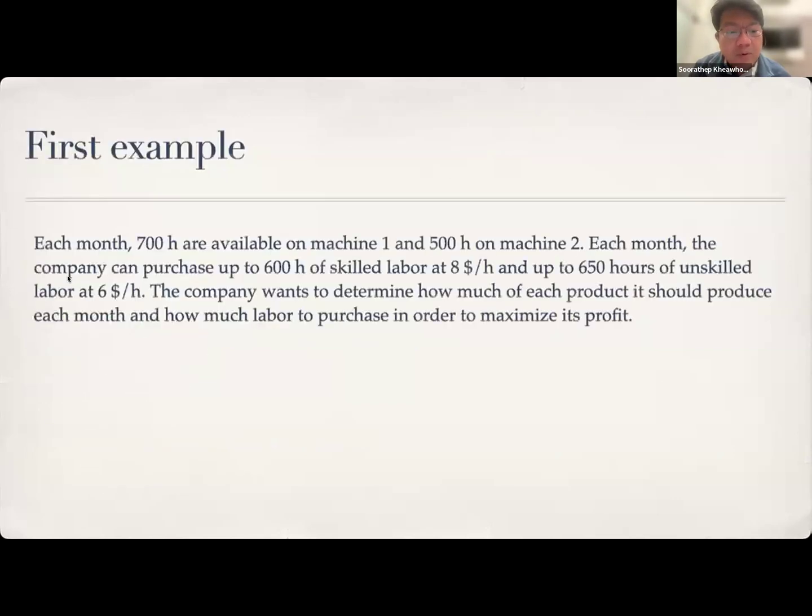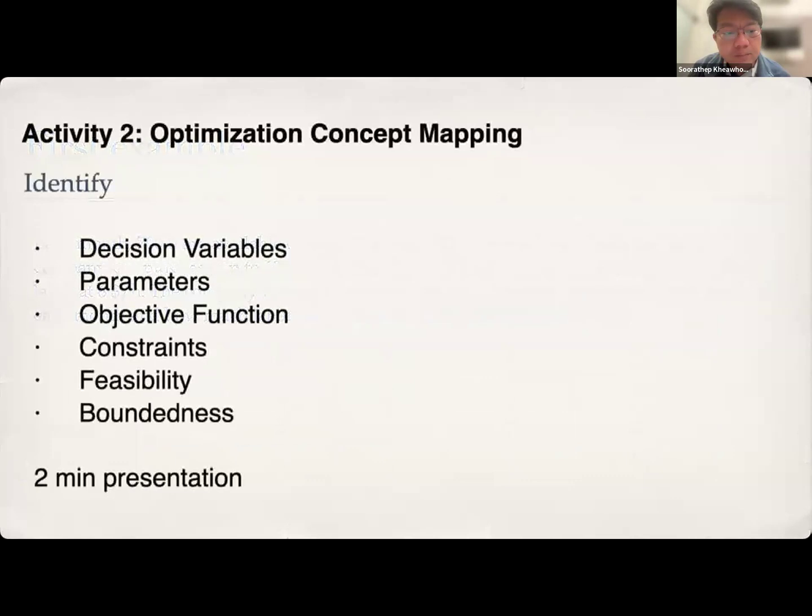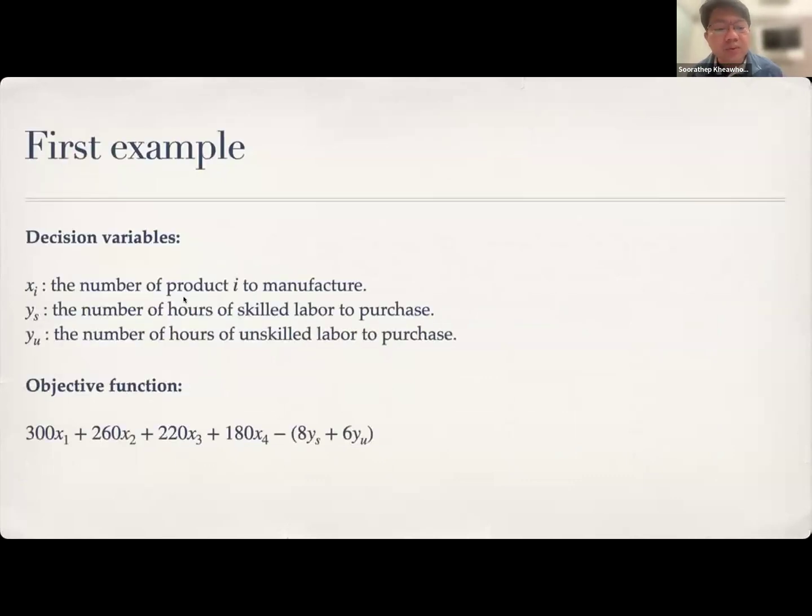We have 4 products. And what else do we need? Decision variables on the number of hours of skilled labor, we use YS, and unskilled labor we use YU, okay? We have YS, YU, and X1 to X4.